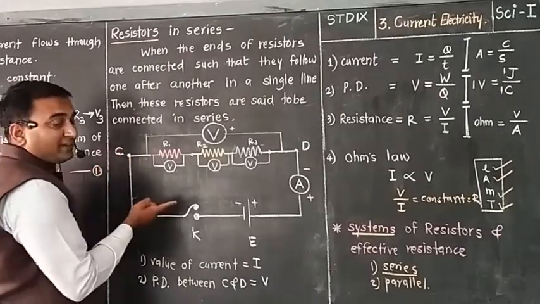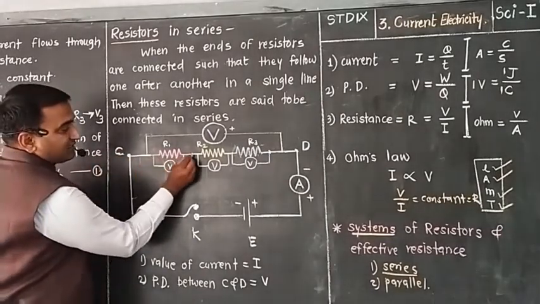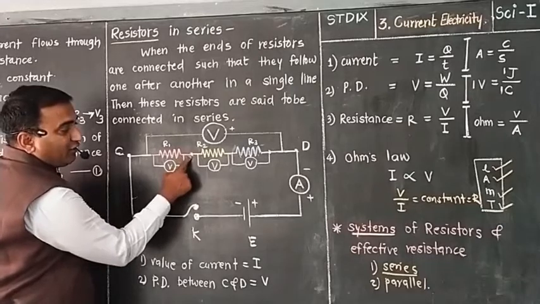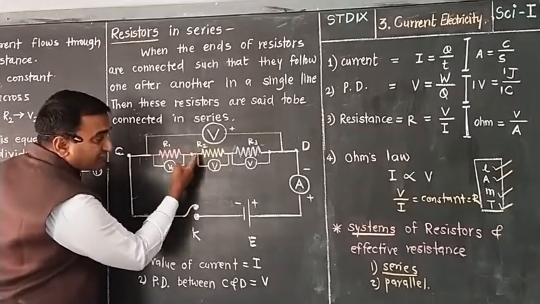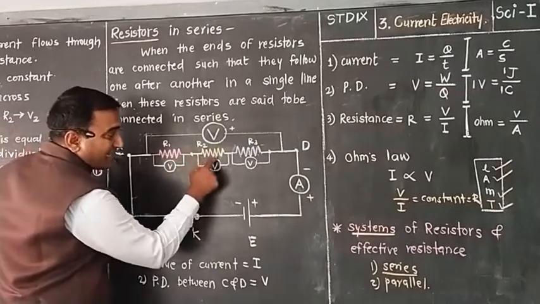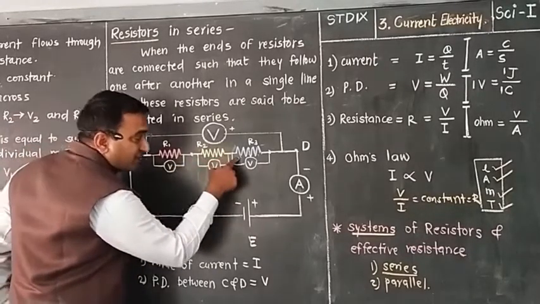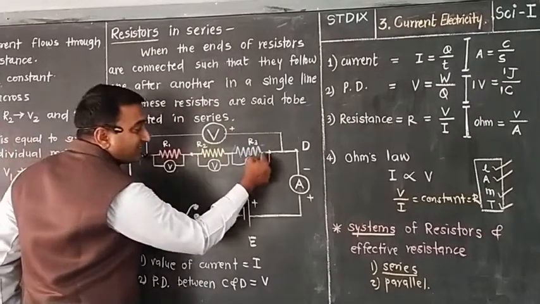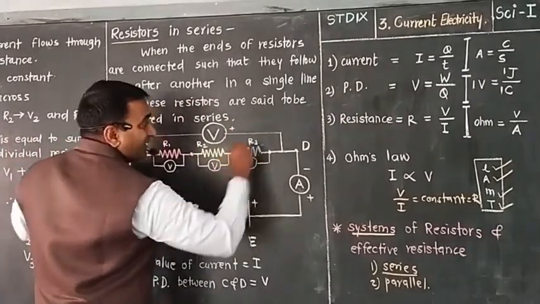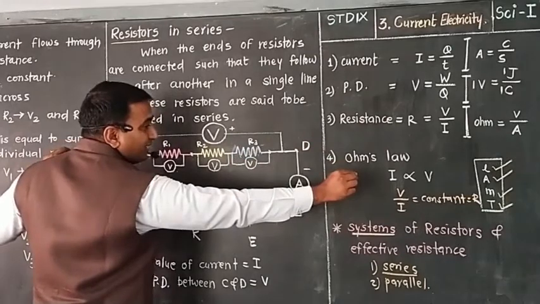How have we joined them? See, this is the first resistance. The end of the first resistance is joined to one end of the second resistor, the other end of the second is joined to the third, and the first resistor's first end and the third resistor's last end are left for the connection.